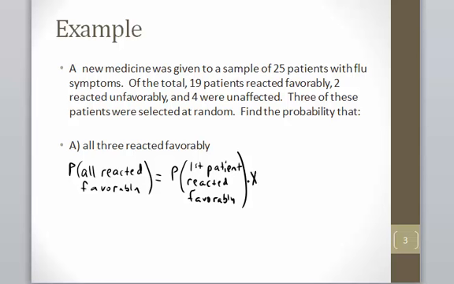And I'm going to go ahead and put my multiplication in. The second patient reacted favorably. I'm going to abbreviate here a little bit. And again, I'm going to put in a multiplication. The third patient reacted favorably.